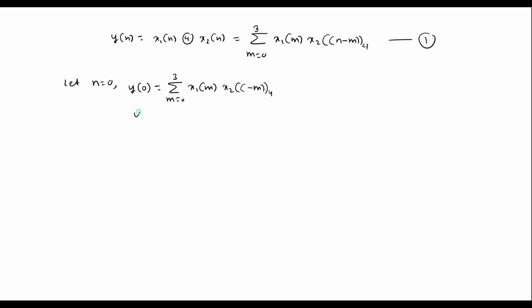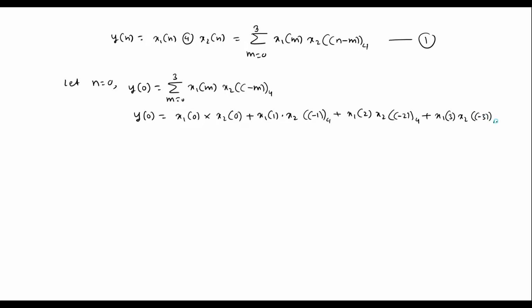So expanding this summation, I can write y of 0 is equal to x1 of 0 into x2 of 0 plus, by substituting m equal to 1, that is x1 of 1 dot x2 of minus 1 plus, for m equal to 2, x1 of 2, x2 of minus 2 plus x1 of 3, x2 of minus 3.